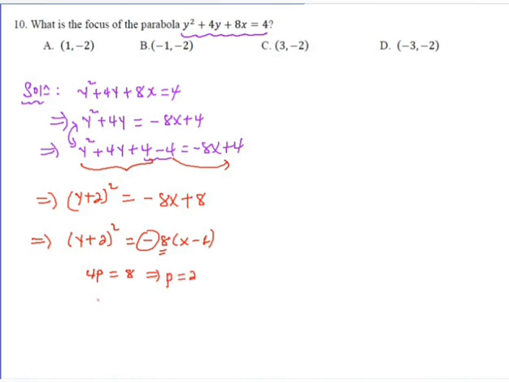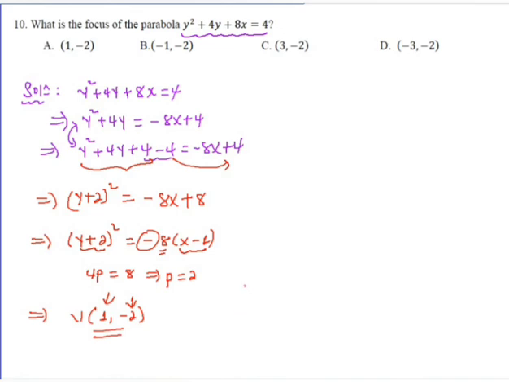That means p is the focal length. The first thing that we need to do here is write the vertex. The vertex of this parabola is 1 comma minus 2. You can solve this one to get the x value and solve this one to get the y value. Therefore, this is the vertex.